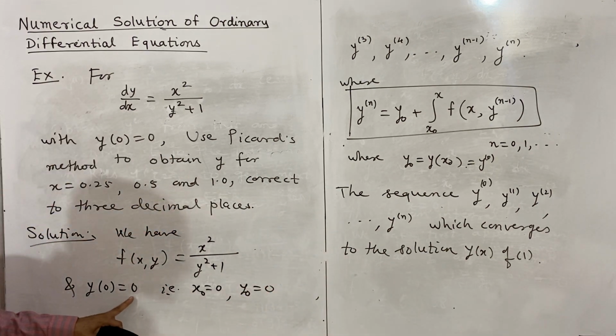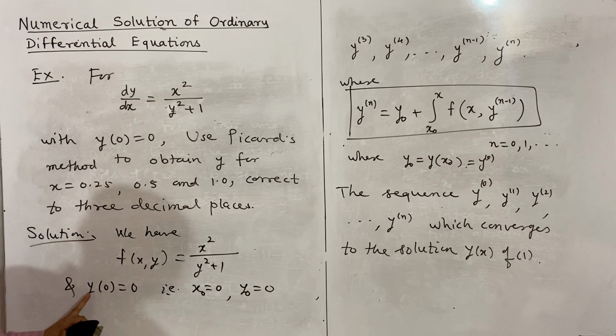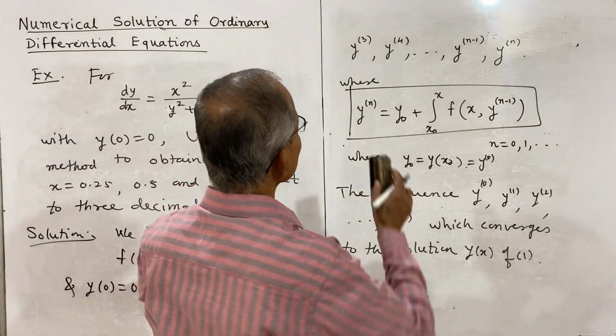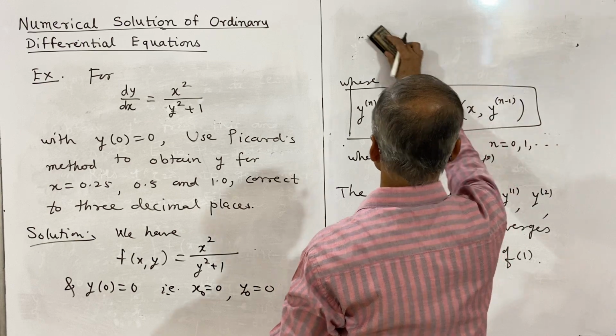Y at x naught is equal to y naught is the condition. So the value of y naught is 0, and the value of x naught is also 0. So thus for Picard's method we have y naught, and this is the formula for Picard's approximation.